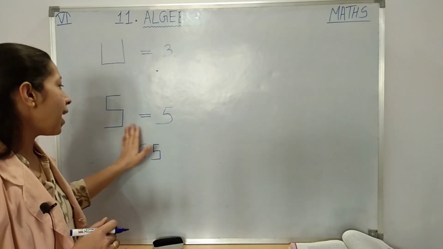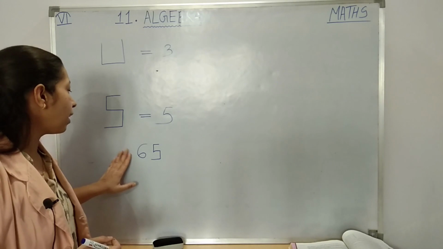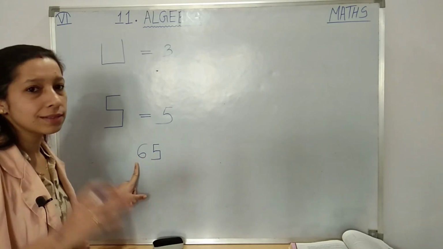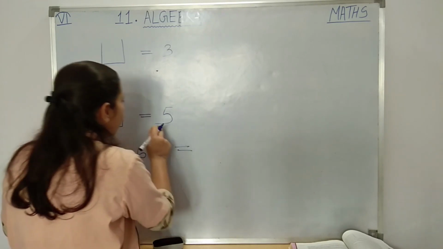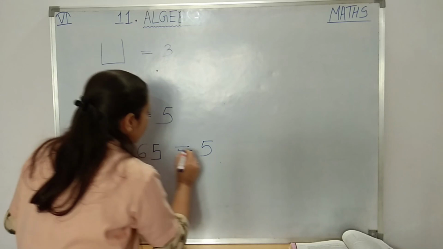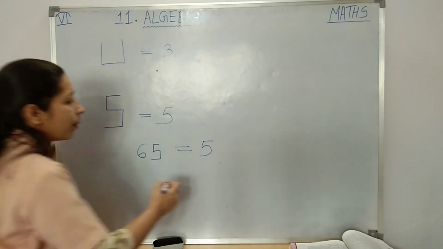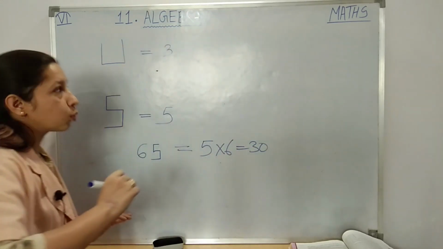For 1 S, you require 5 matchsticks. Now, if you want to make 6 patterns, how many matchsticks you will require, students? We know that for 1 S, we want 5 matchsticks. Then if you want to make 6 S's, 5 6's are 30. Isn't it, students?